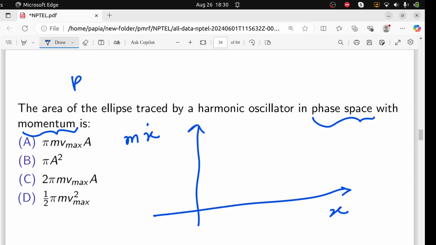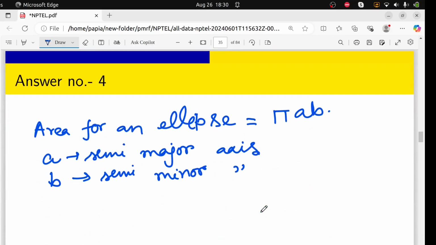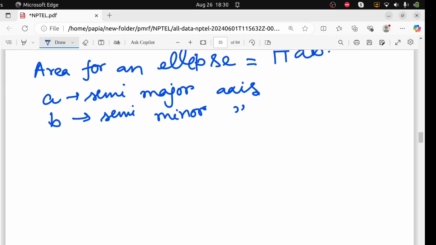Basically, phase space in most cases is x and x dot, but here, as it is phase space with momentum, we have to write x and m x dot. So we have to check that one.